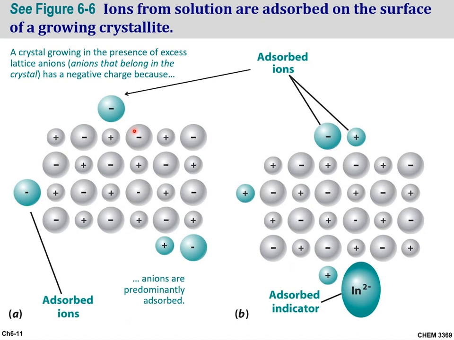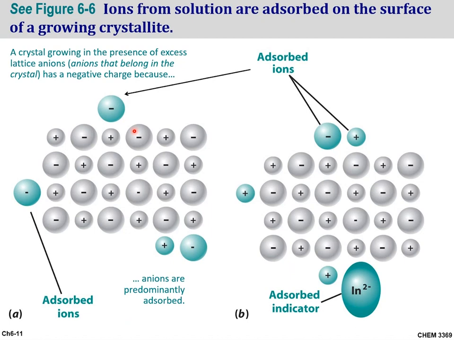There will be an excess of these chloride ions on the surface of the precipitate. So the surface of the particle will have a slight excess of negative charge because of these chloride ions on the surface. But as you get closer to the end point, the chloride ions will be built into the crystal, and their concentration in the solution will be very, very small.